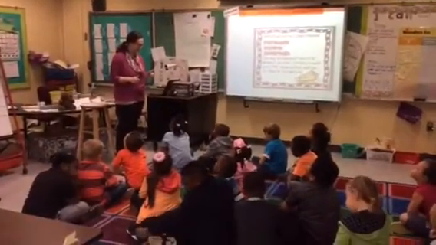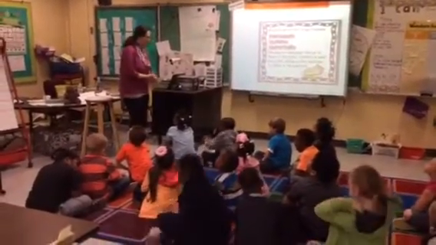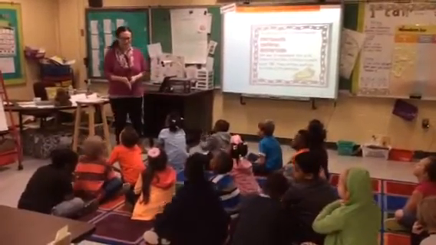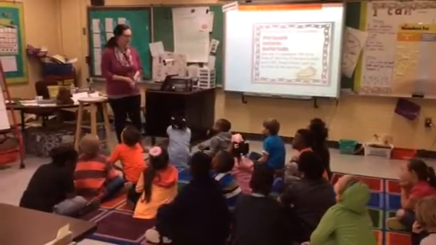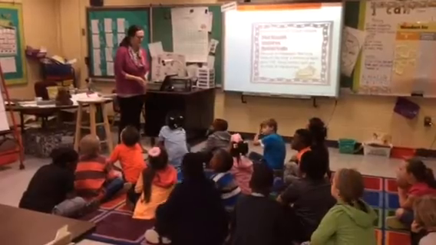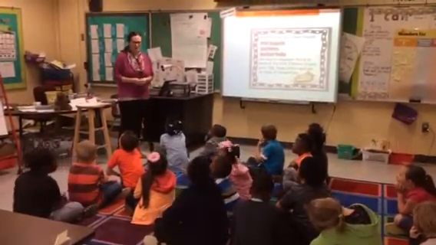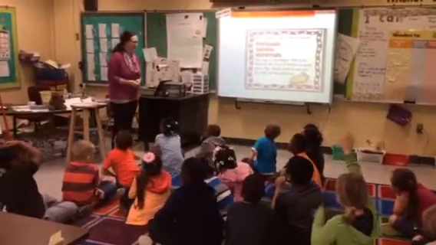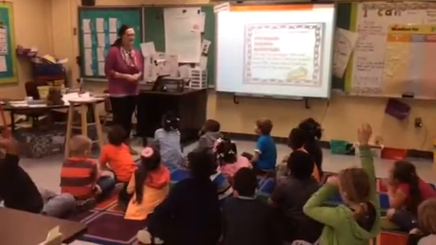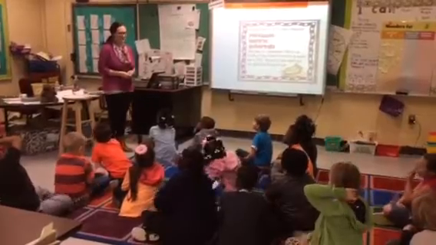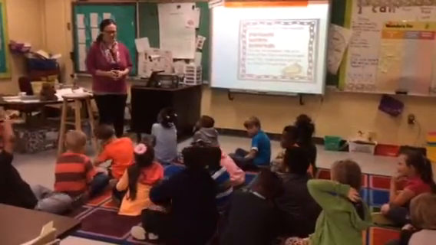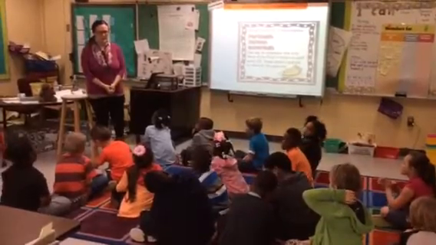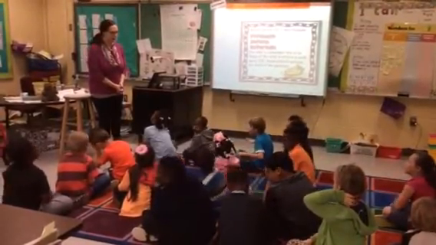Nice job. Okay? So we were talking about earlier, there are different reasons why authors write books or text or stories. Does anybody remember what that yummy dessert was that we talked about that helped us remember? Peyton? Pie. Very good. P-I, and what's the last letter? E. Very good. What's one of the reasons an author writes a book or a text?